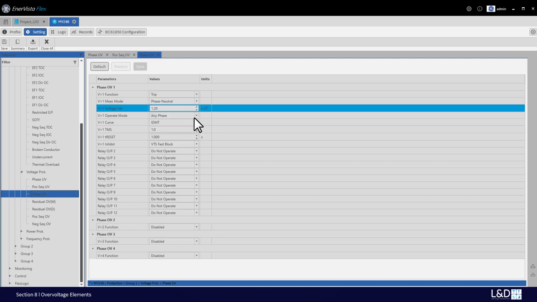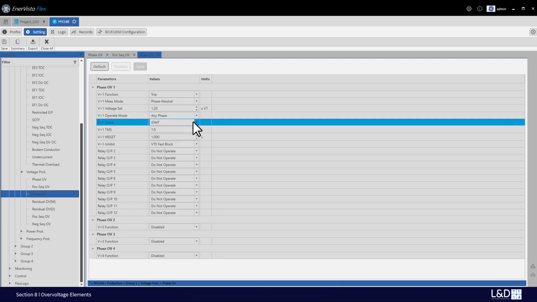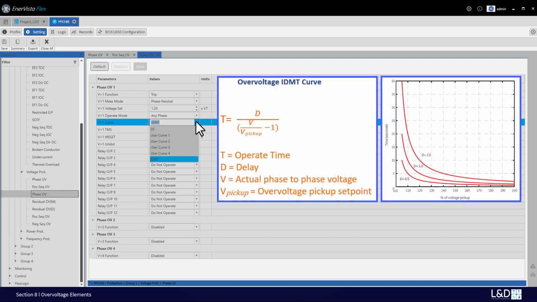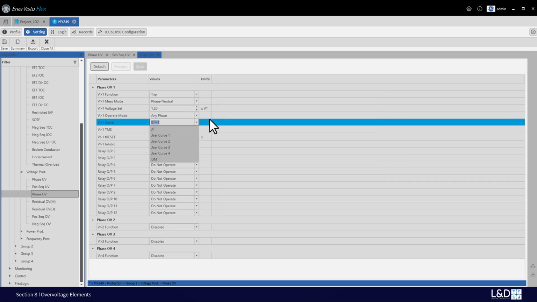They also have the curves. The only difference is the IDMT curve calculations are different. They're using different equations. Another minor difference is that there's no minimum supervision level for the phase overvoltage.